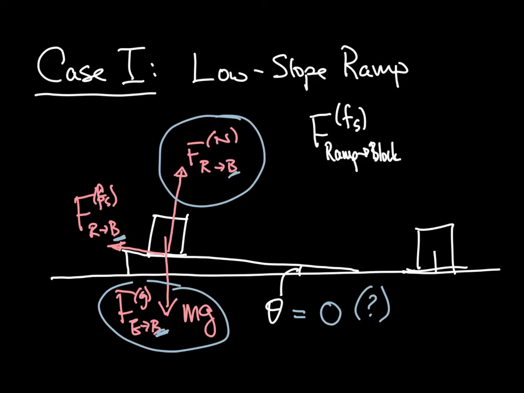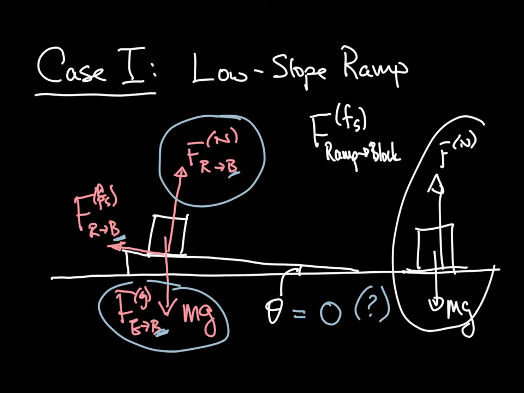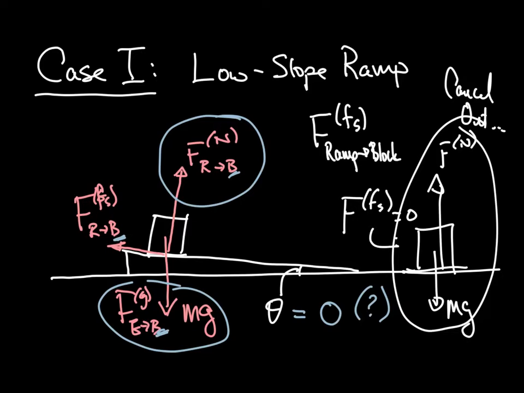If we have a block over here, we just have gravity, we have the normal force, and if it's not moving at all, we're not worried about friction going either way. There's two forces, they're pointed in the opposite direction, they're going to have to cancel each other out. So in this case, the force of static friction would equal 0 here.